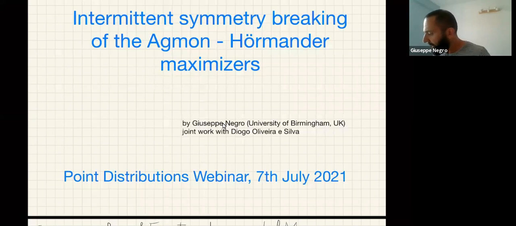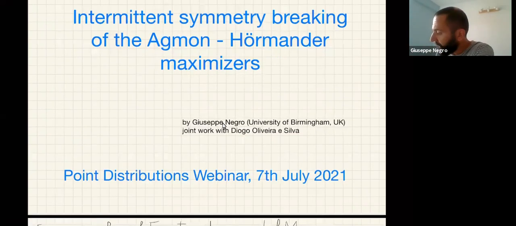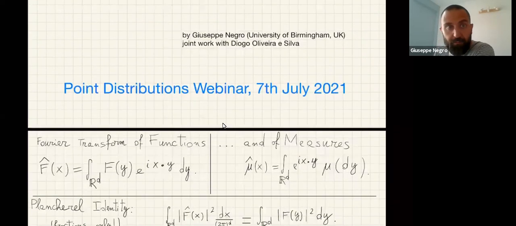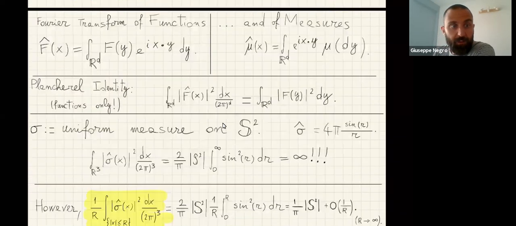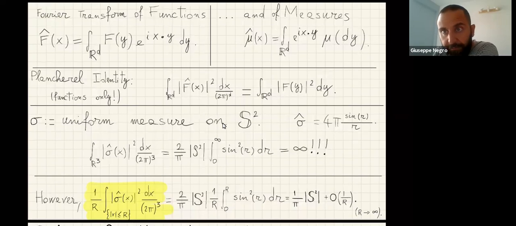It's joint work with Diogo Oliveira Silva, a researcher at Birmingham, and also the founder of my postdoc there. Without any more ado, let's move to the mathematics.